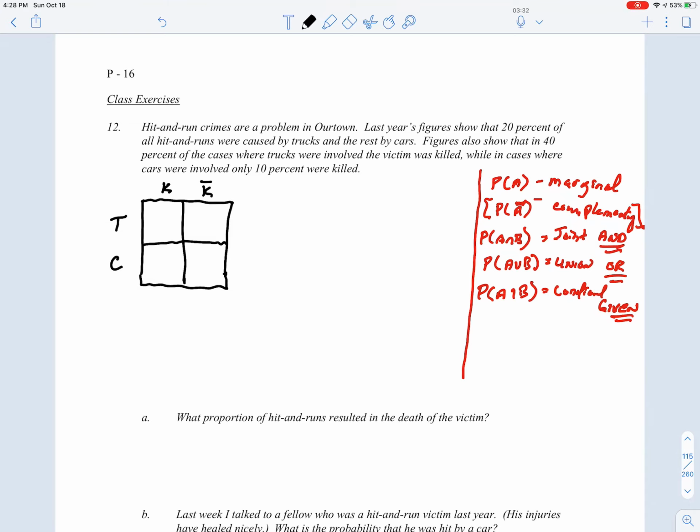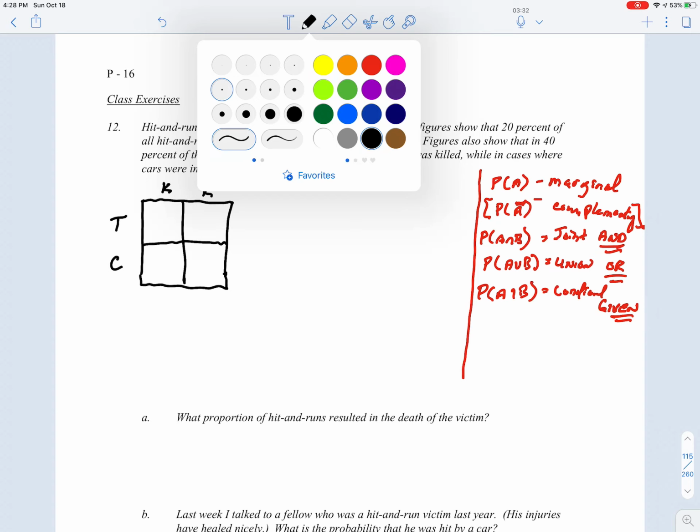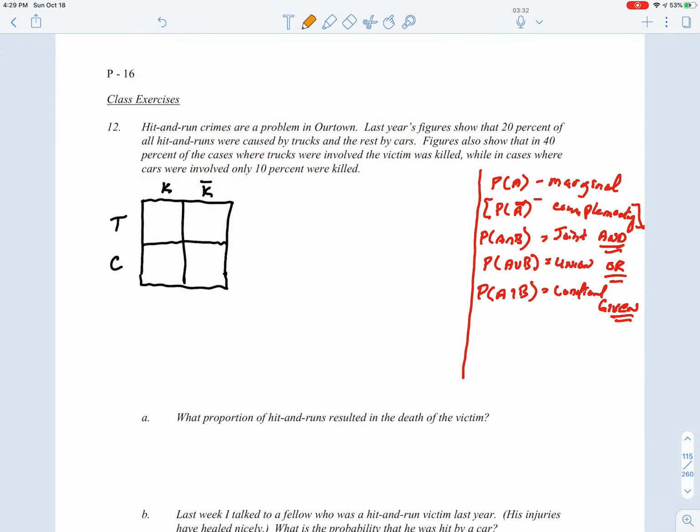All right, let's see what we have here in terms of statements. Last year's figures show that 20% of all hit and runs were caused by trucks. So 20%. This is a joint probability. No, it is a marginal probability.